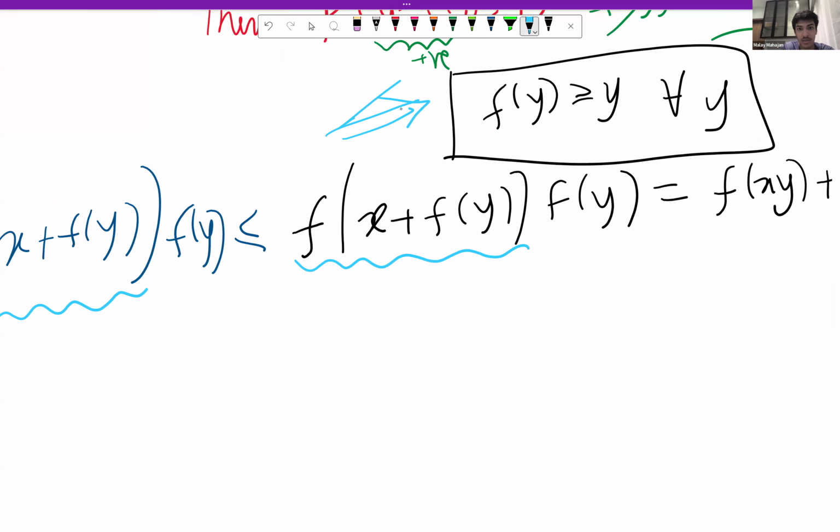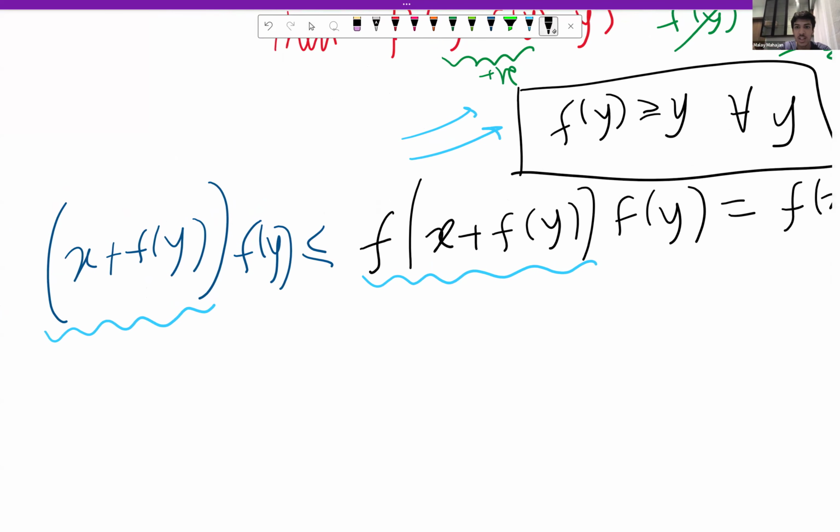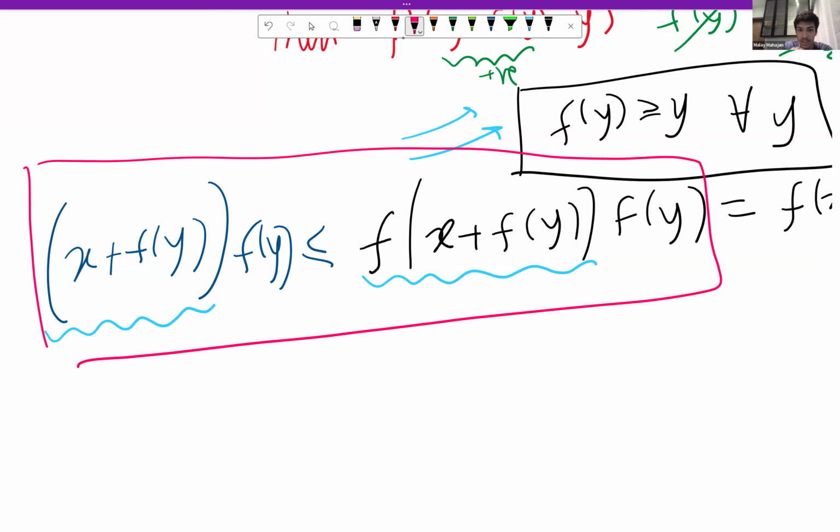And one more detail, the point is we are working over positive reals. So this is true. Basically, I have written this and then I multiplied both sides by fy. This is true because we're working over positive reals.